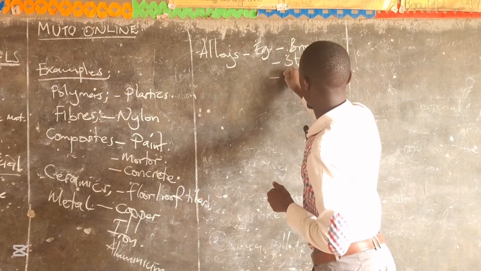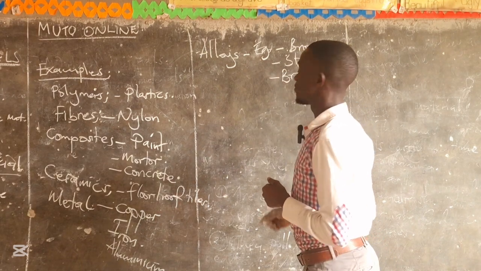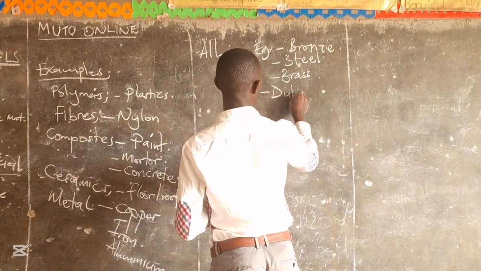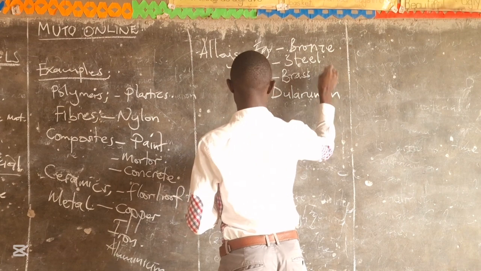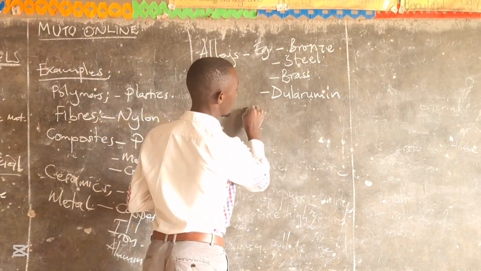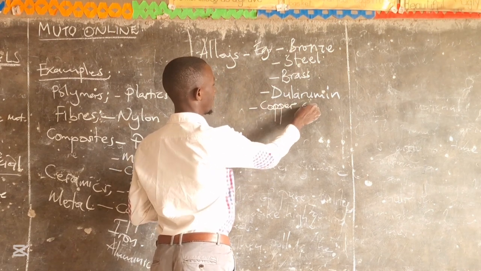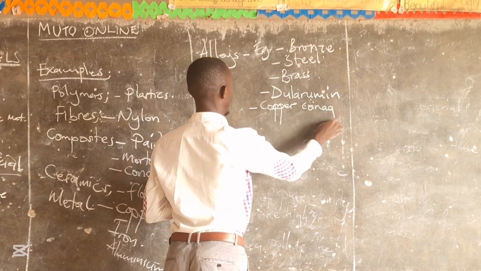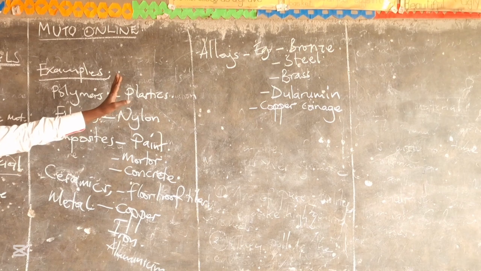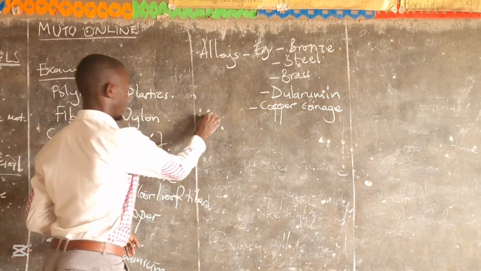We have ever heard of brass. We have ever heard about duralumin. We have ever heard about the copper coinage. And many other examples of alloys. All these are laboratory processed. They are man-made materials.